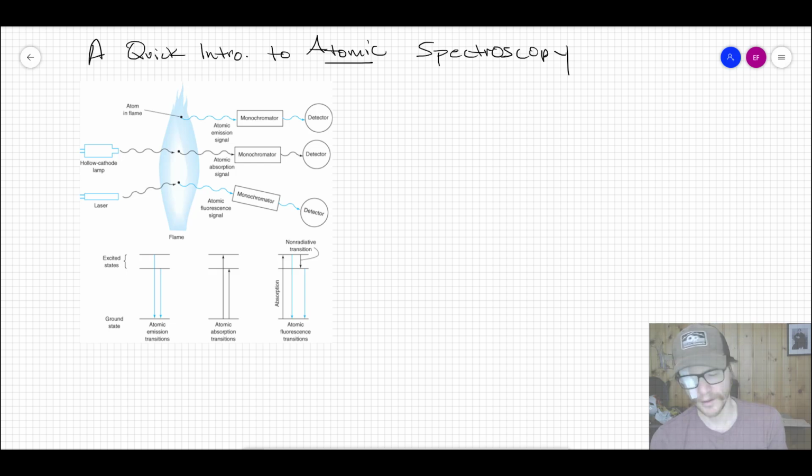So chapter 18 mostly, without me saying it explicitly, dealt with molecular spectroscopy, where we were talking about transitions in a molecule. So we talked about electronic transitions between electronic states in UV and visible regions of the EM spectrum, but also vibrational and rotational transitions that required less energy and sort of subdivided those electronic transitions and vibrational transitions respectively.